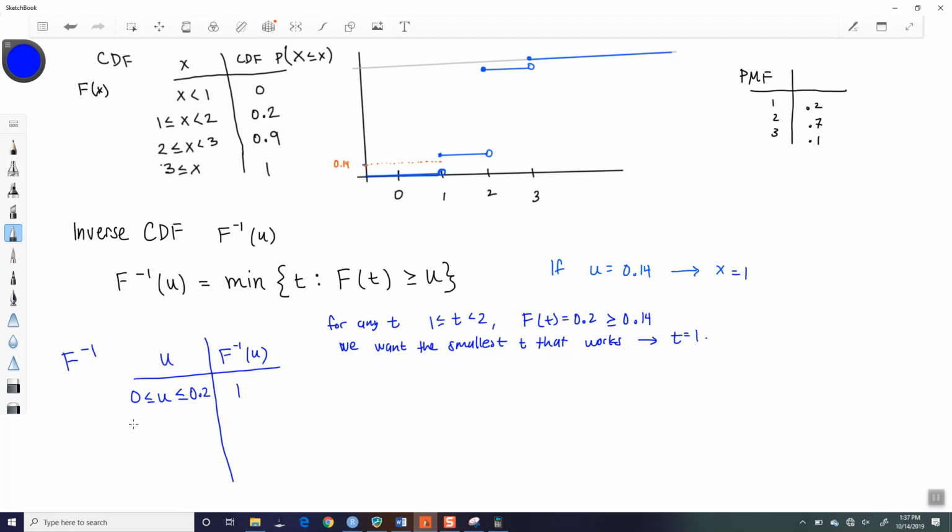As soon as u ends up being bigger than 0.2, as long as it's less than or equal to 0.9, then x equal to 2 satisfies this inequality. And lastly, if it's bigger than 0.9, then x has to be 3, or t has to be 3 to satisfy this inequality.